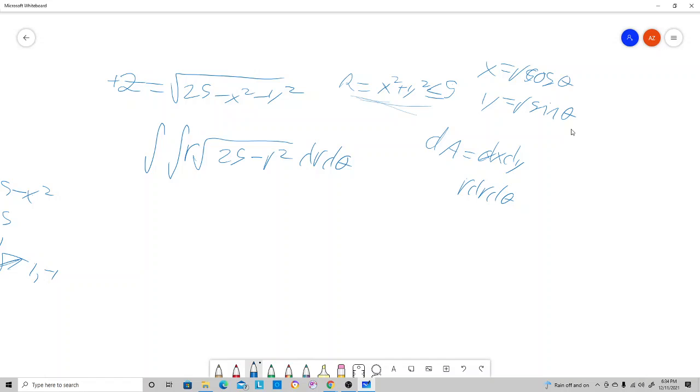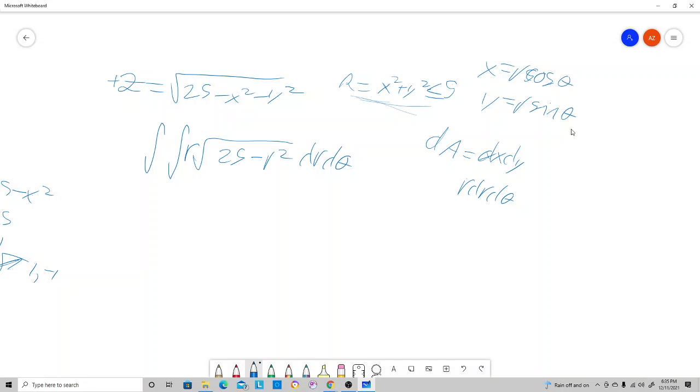It's very tedious and maybe sometimes even impossible. Probably integrating this with just the x's and y's would be very tedious and very long. A little problem that we did previously took us some time. So imagine taking those bounds that are square roots, and all of this will take a very long time.